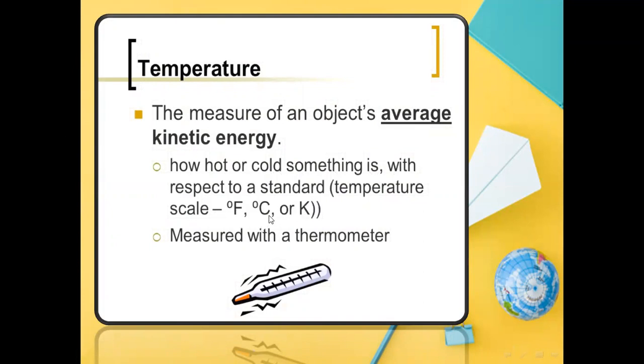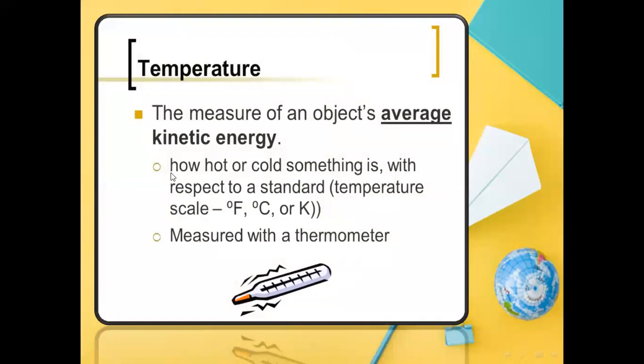When we want to know how hot or cold something is with respect to a standard temperature scale, we use F for Fahrenheit, C for Celsius, or K for Kelvin. And we measure the temperature with the help of a thermometer. A thermometer is used to measure temperature.